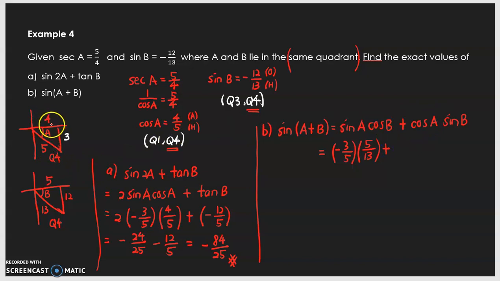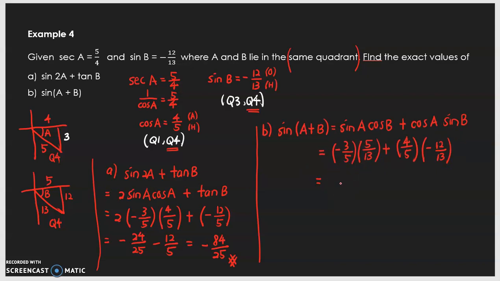Cos A is adjacent over hypotenuse. Again, this is positive because of quadrant number 4. Finally, sine B. Sine is opposite over hypotenuse. Since it's quadrant number 4, it's negative 12 over 13. So we try to simplify.